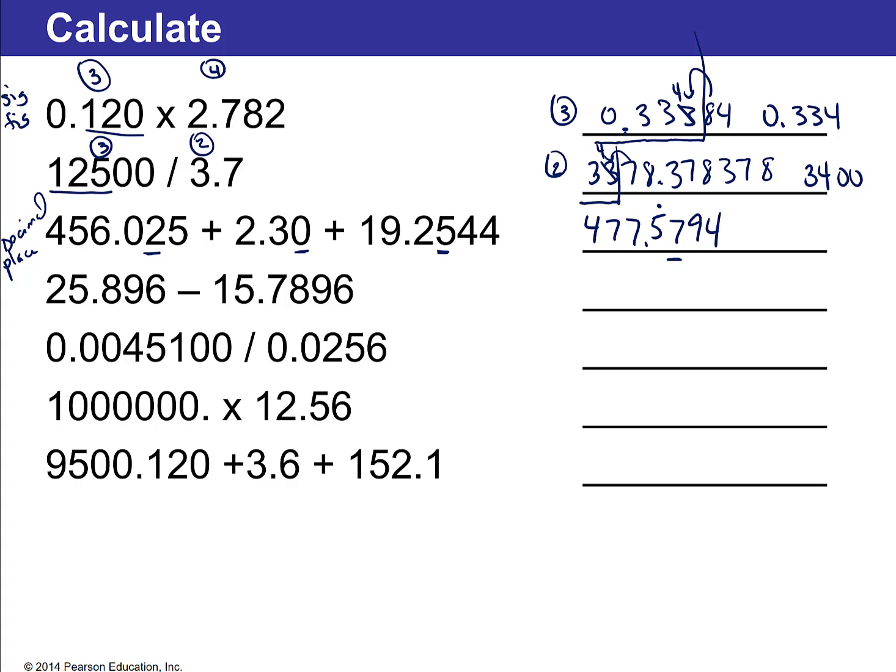Find that decimal place. And so that means that the next number past has got to get rounded. So if the next number is a 9, what's going to happen? So I'm going to round up. So the 7 will become an 8. So 477.58.